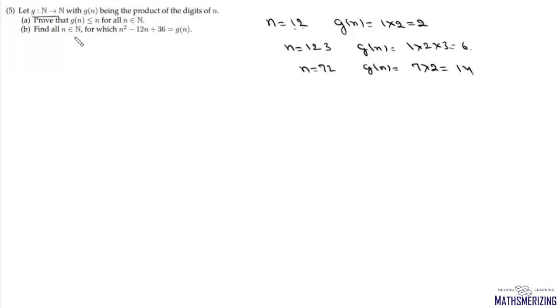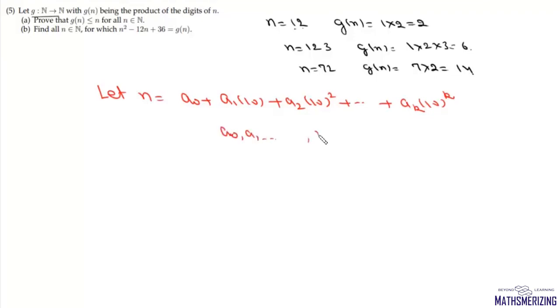Now since we have to write this n in terms of its digits, we can write n as n equals a0 plus a1 into 10, plus a2 into 10 square, and so on up to ak into 10 to the power k, where each of a0, a1 up to a(k minus 1) belongs to the set from 0 to 9, and this ak cannot be 0, so it belongs to the set from 1 to 9.